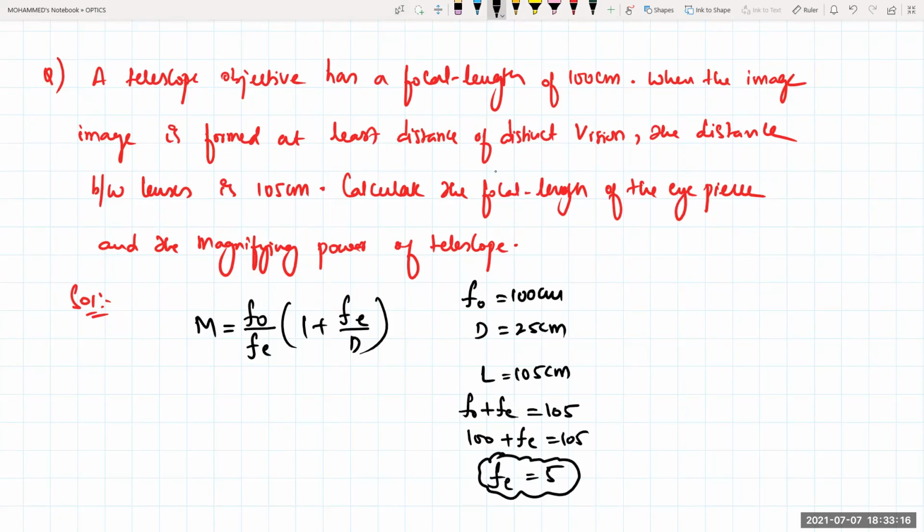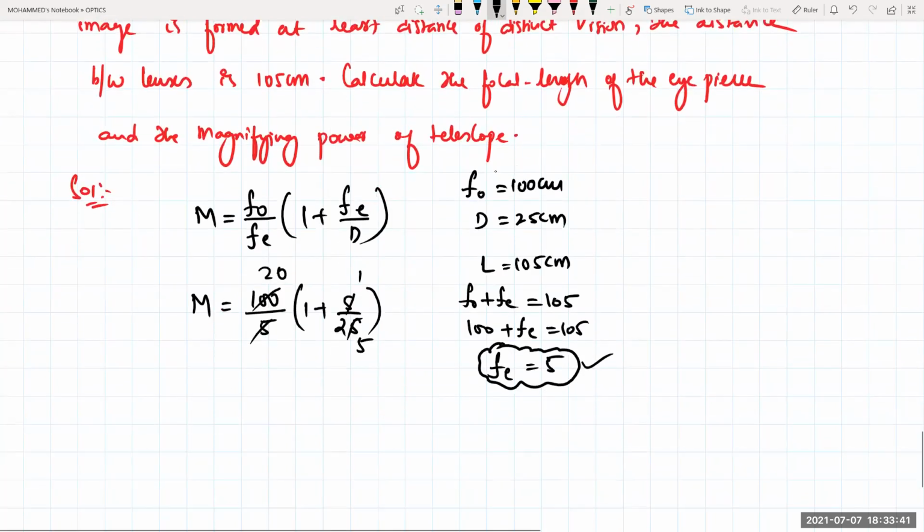Now we have the focal length of the eyepiece, and the magnifying power is asked. The focal length of the eyepiece is 5. Magnifying power will be equal to f naught divided by fe, that is 100 by 5, into 1 plus 1 by 5. 100 by 5 is 20, and 1 plus 1 by 5 is 6 by 5.